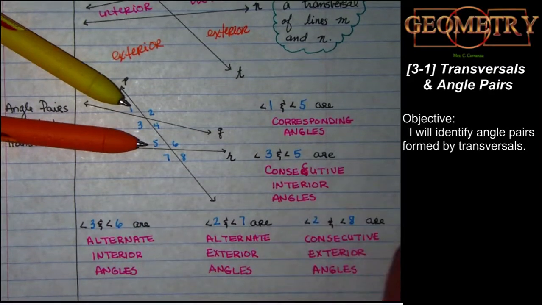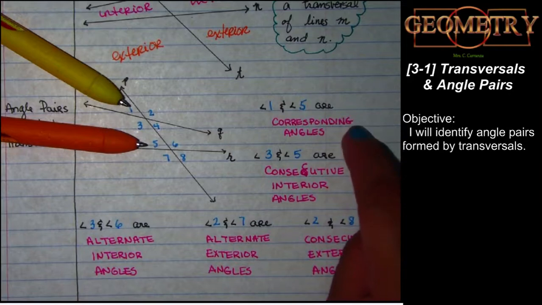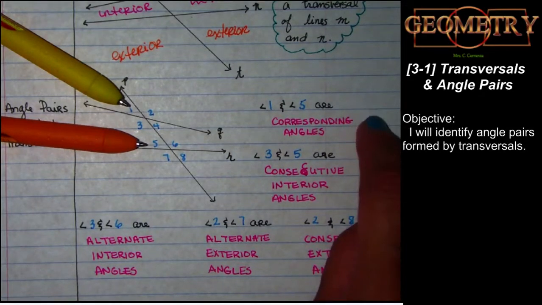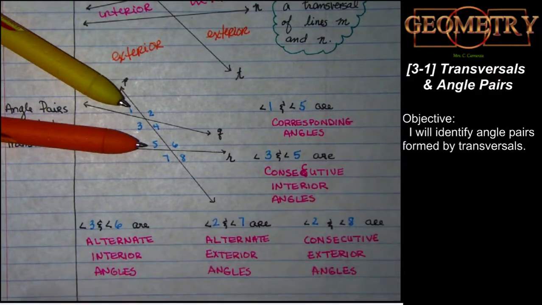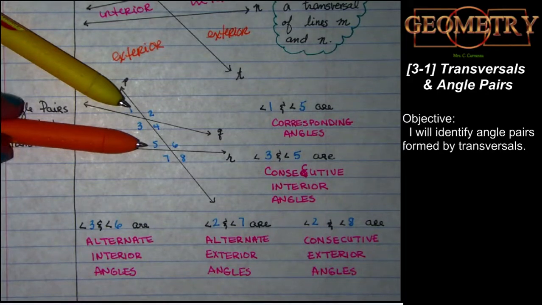So the first thing that you can say and you can add here is that corresponding angles are on the same side of the transversal. The next thing to notice is that one of them exists in the exterior space and one of them exists in the interior space.